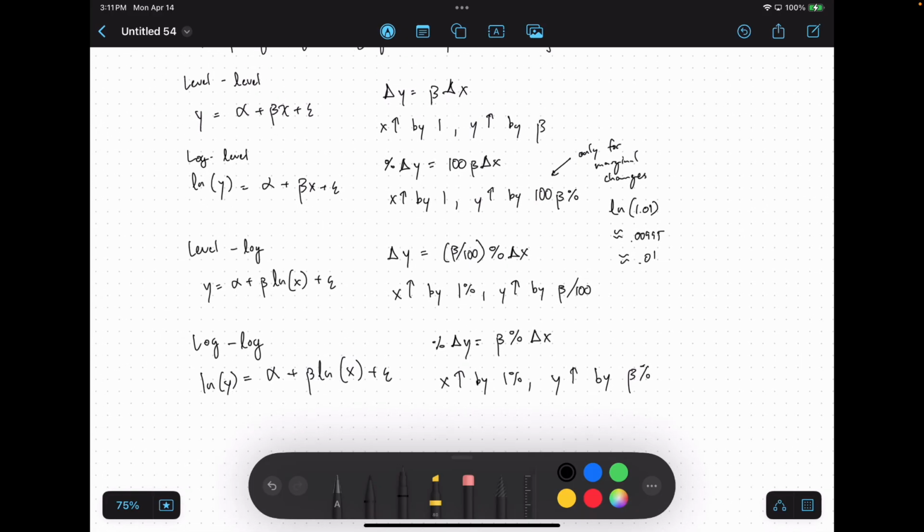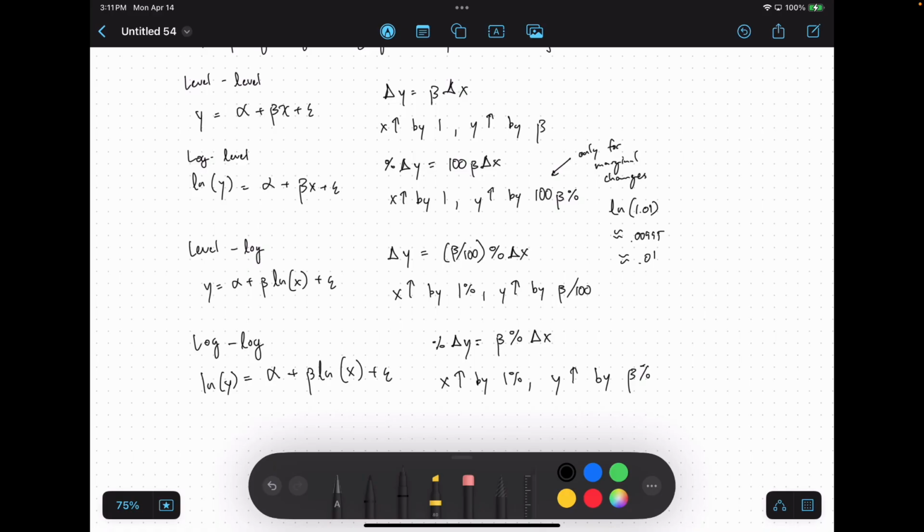Yeah, so this, again, I don't necessarily know how important this is to you guys, but if you're dealing with logs of data, the basic idea is that we're all used to this intuition of x goes up by 1, y goes up by beta.